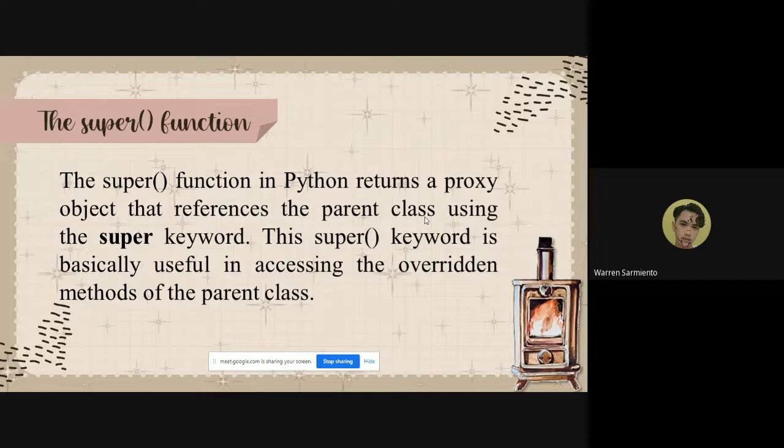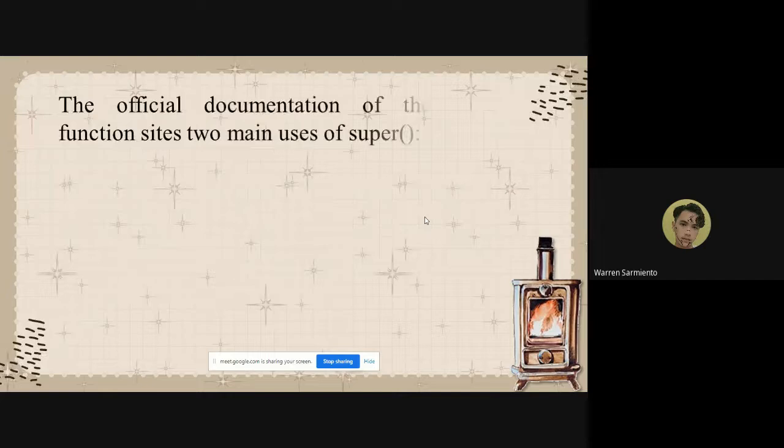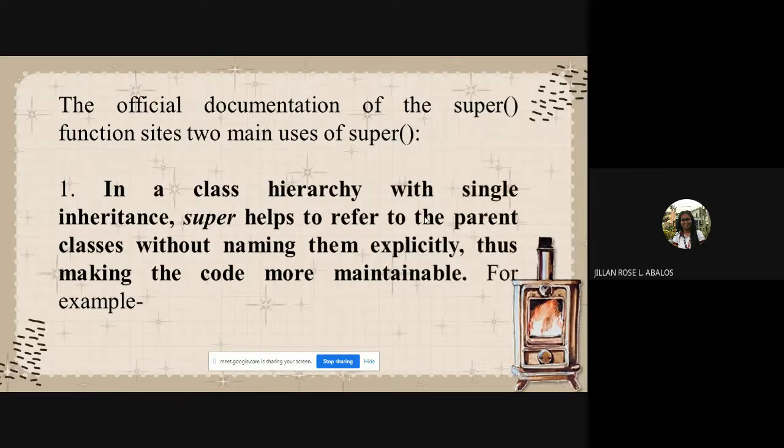So let's move on to the super function. The super function in Python returns a proxy object that refers to the parent class using the super keyword. This super keyword is basically useful in accessing the overridden method of the parent class. The official documentation of the super function cites two main uses of super function.